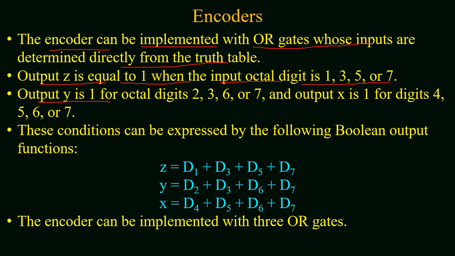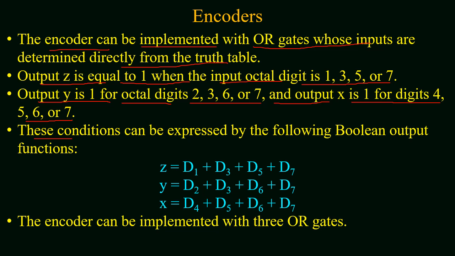Next, the output variable Y has a value of 1 for octal digits 2, 3, 6 or 7, and the output variable X has a value of 1 for the octal digits 4, 5, 6 and 7.